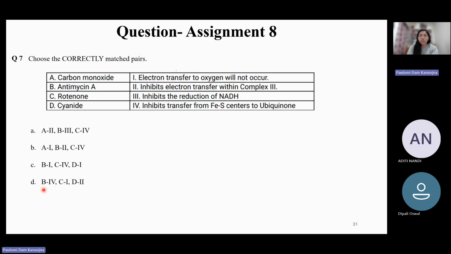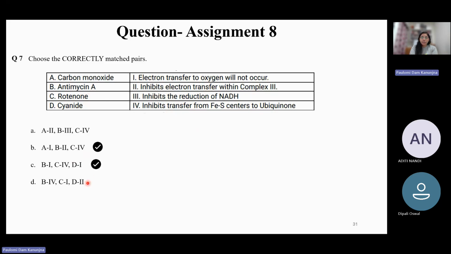Okay, so the answer to this question is B and C being correct. We are looking at the inhibitors, or the substances that inhibit that step to occur. Carbon monoxide stops the electron transfer to oxygen. Antimycin inhibits the electron transfer at complex 3 when you look into the ETC. And rotenone, at complex 1, inhibits the transfer from the FeS centers to ubiquinone.